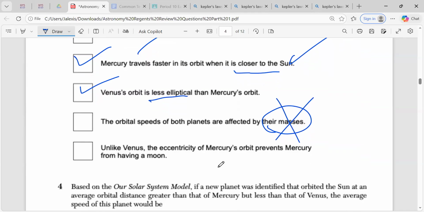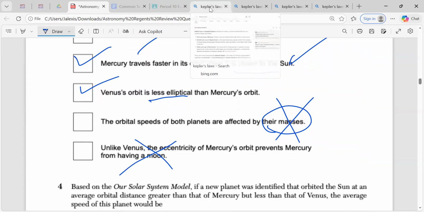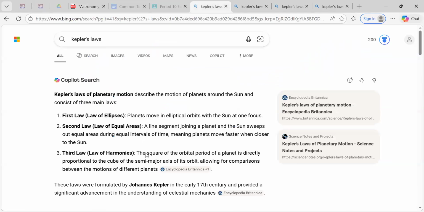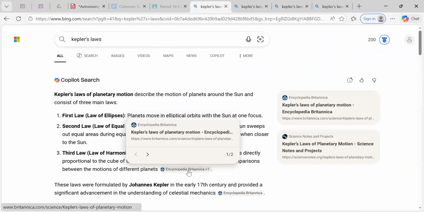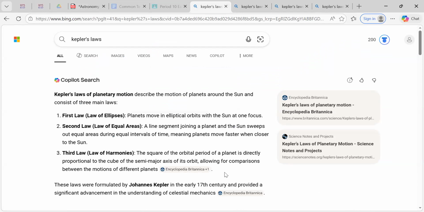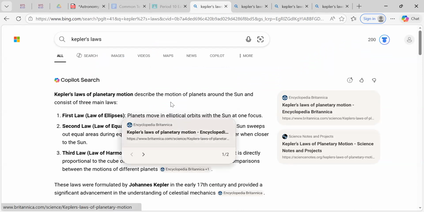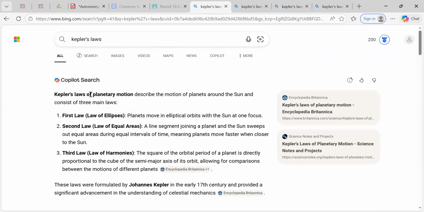Here's a problem with this statement. Kepler's law does not state anything to do with whether or not the motion of an orbit relates to whether or not a planet will have a moon. Kepler's law is all about planetary motion.